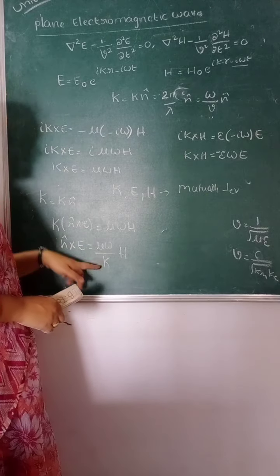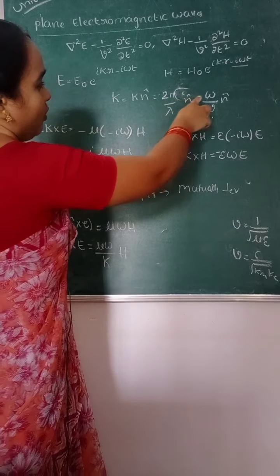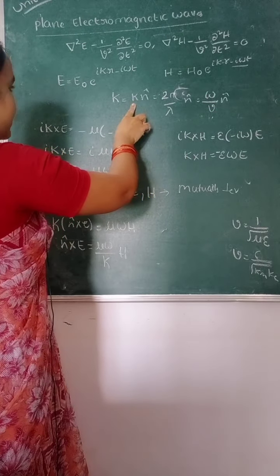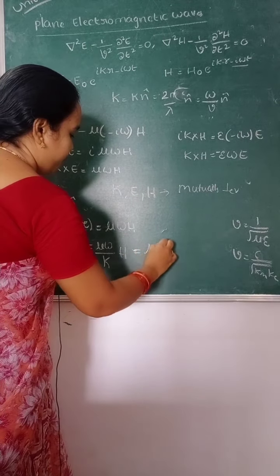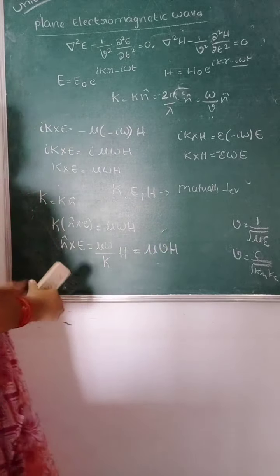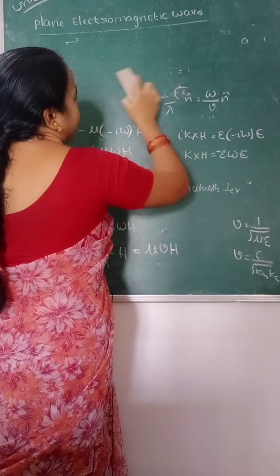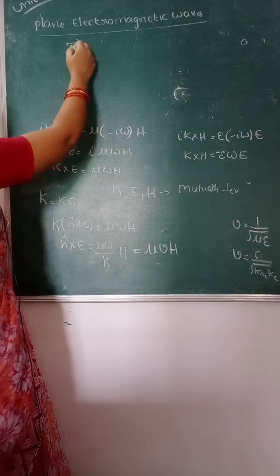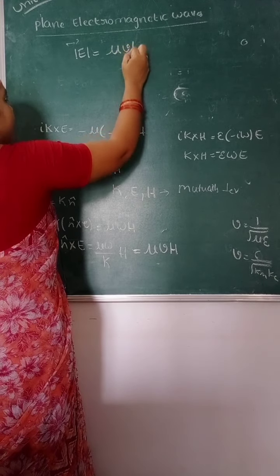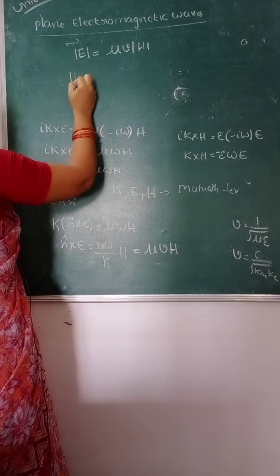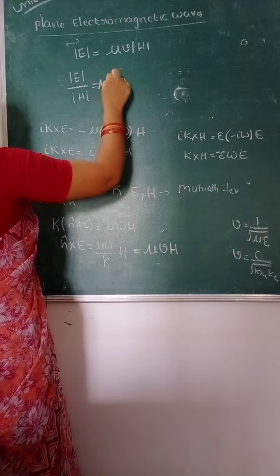Omega by k is v, as already seen in the previous class: omega by v is equal to k means omega by k is v. That is mu v into H. By taking the magnitudes of this equation, n cross E magnitude is modulus of E and mu v modulus of H. Then if you calculate the ratio of modulus of E by modulus of H, we get mu into v.